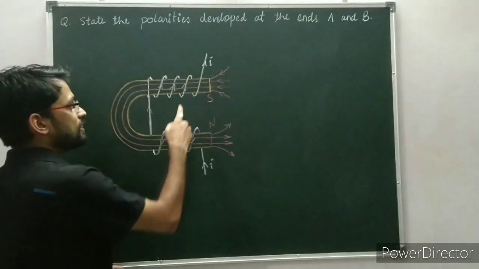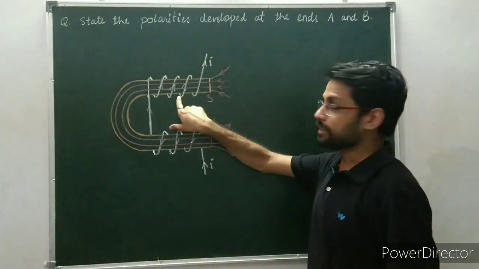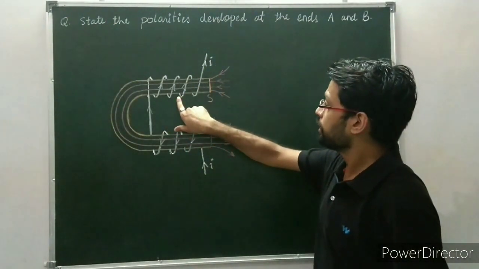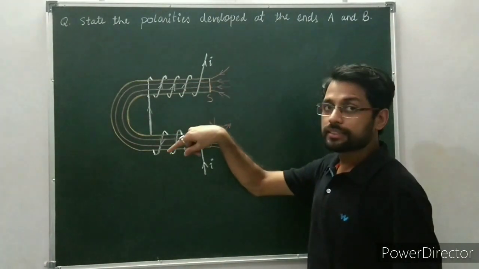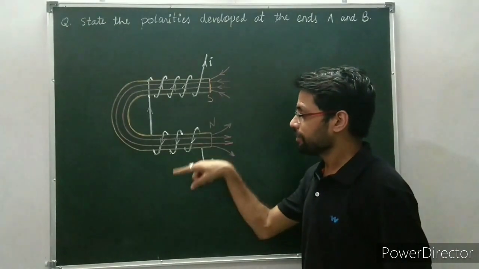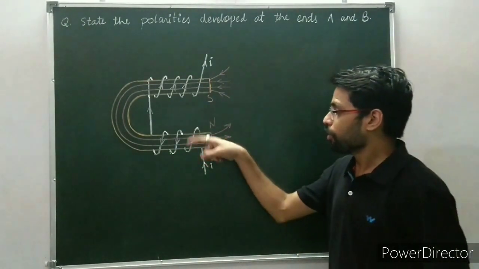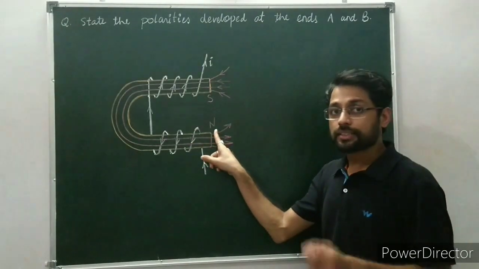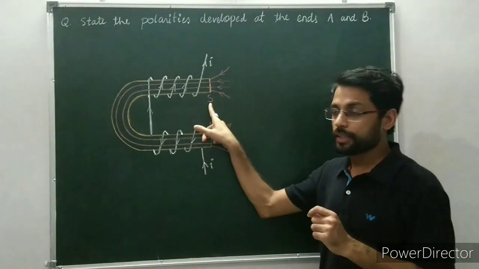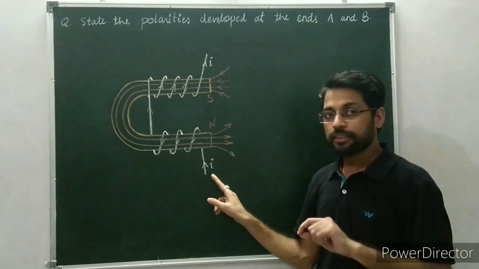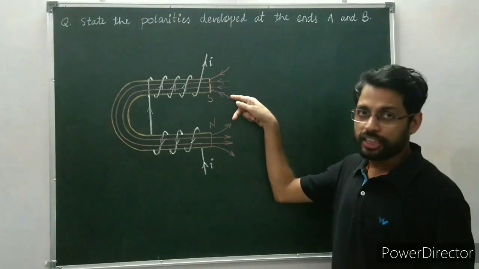Because in that case, the current in the first coil becomes anti-clockwise, and in the other coil the direction of current becomes clockwise. Clockwise current produces south pole, anti-clockwise current produces north pole. So when the direction of current is reversed, the polarity gets changed.